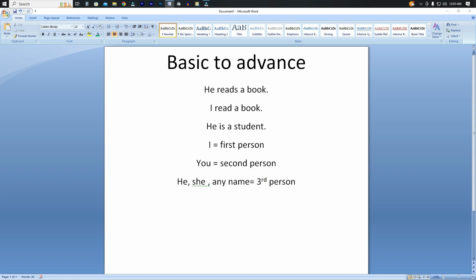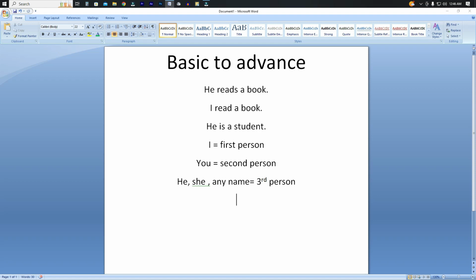So now we're gonna know what is number. There are two types of number. One is singular number and the second is plural number. As I mentioned before, singular means single entity of anything. Suppose the number must be one, a single entity.